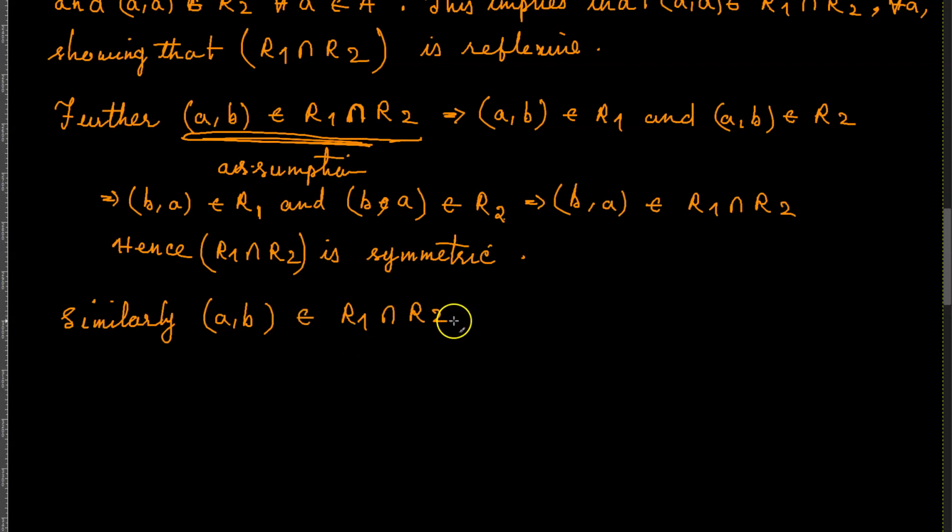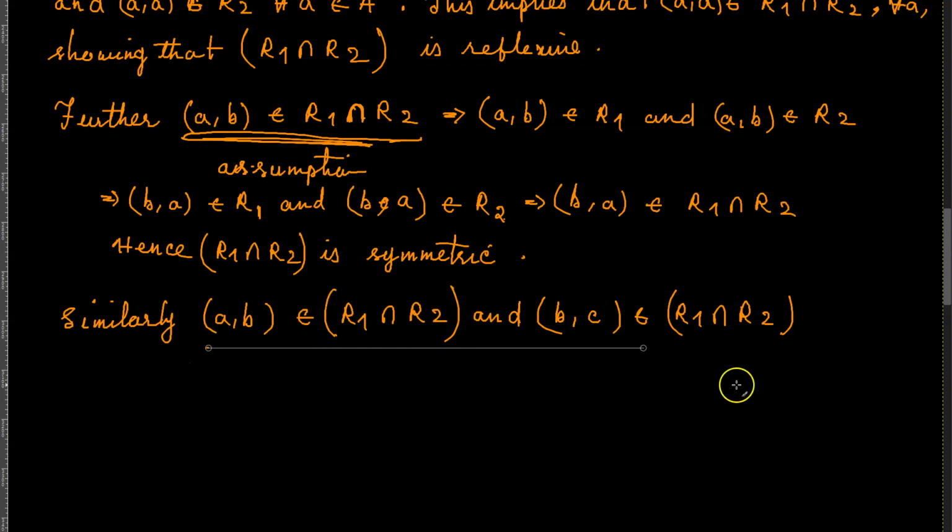And of course for transitivity we need to make another assumption as well, that (b, c) belongs to R1 intersection with R2, right? This is again another assumption that I can make.